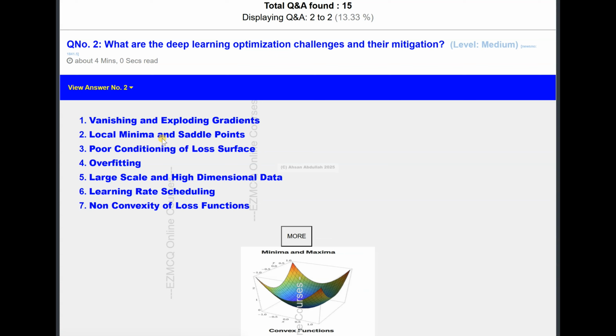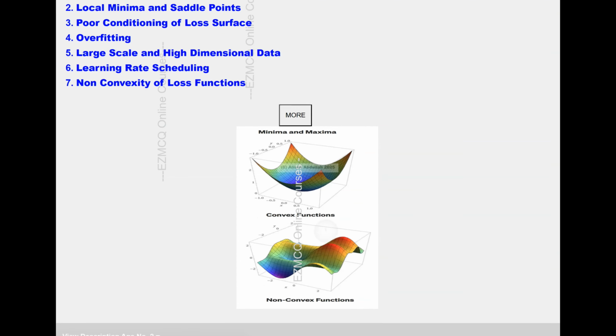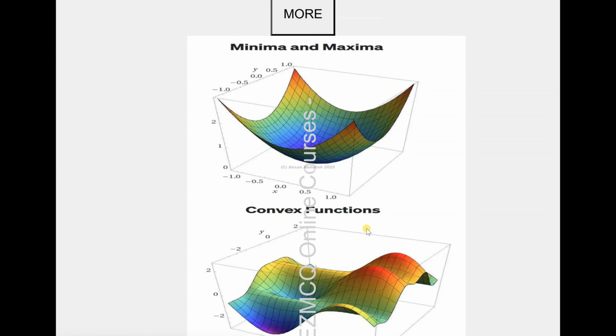So this is what AI engineers do. So here are some of the key challenges in deep learning optimization. Now this diagram is showing one of the challenges. So we have here something called convex functions.